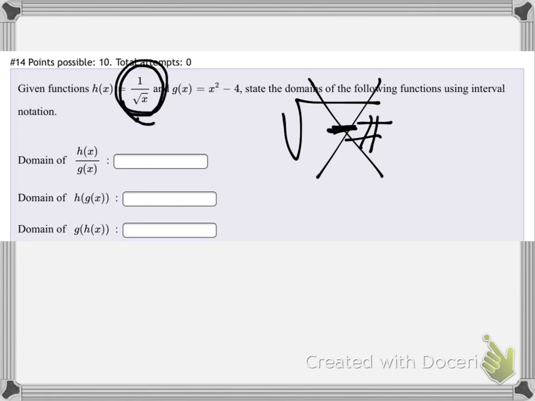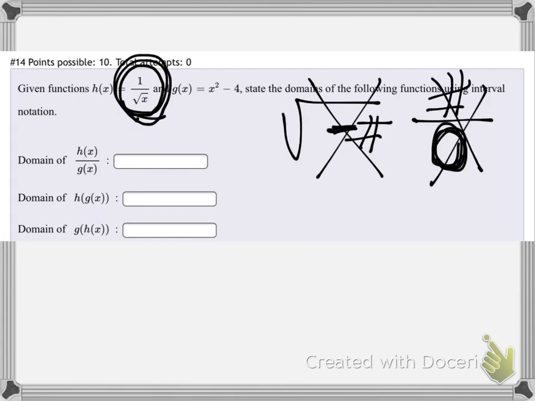Also, with the h function, it has a whole other issue, because if you have a number over a number, it's a fraction. You don't want it to be over 0. So that's bad as well. Not only does it have the square root, but it has a fraction in it.